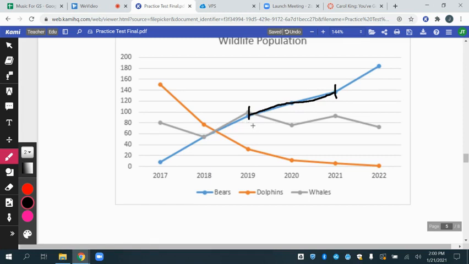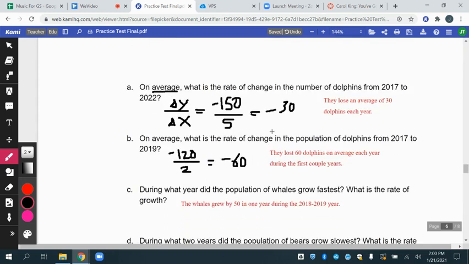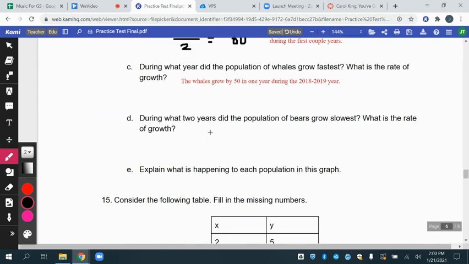And it goes from about 90 over here to about 140 over here. Okay, so in 2 years, it goes up by about 50, doesn't it? Okay, so it goes up 50 in 2 years. That means 50 in 2 years, that's 25.